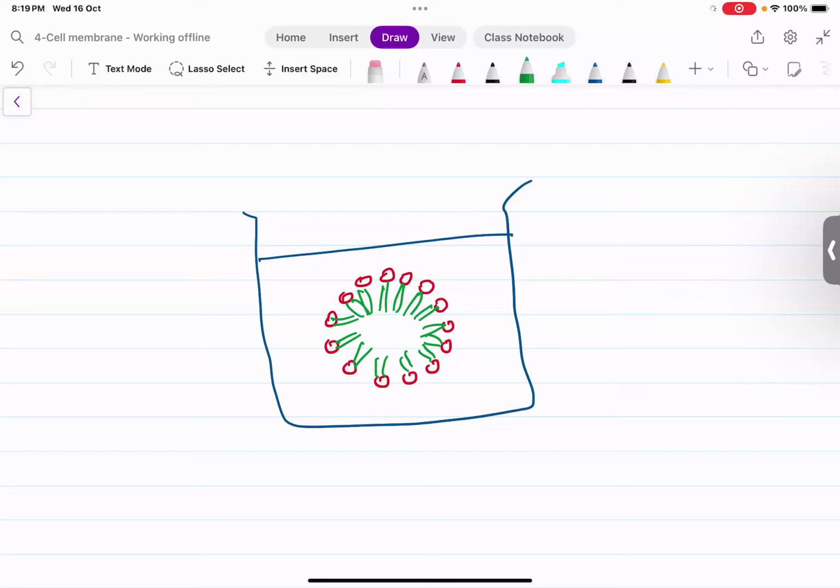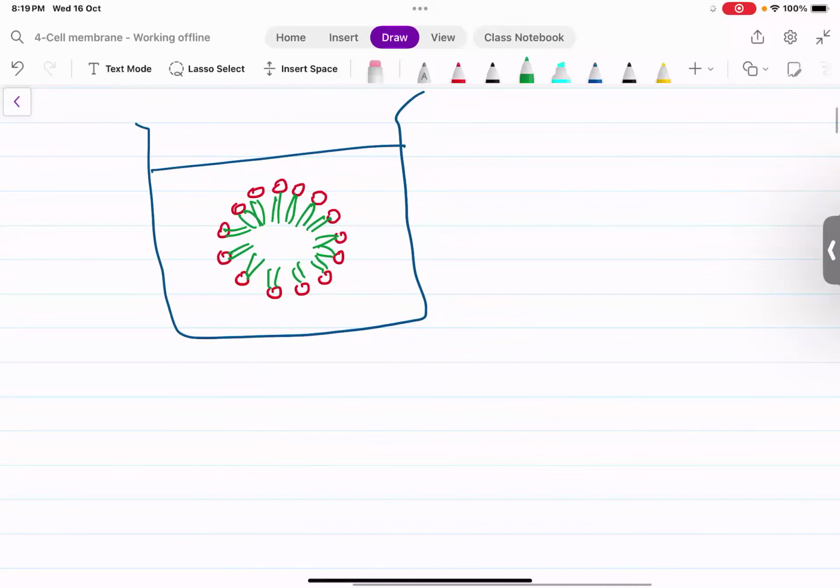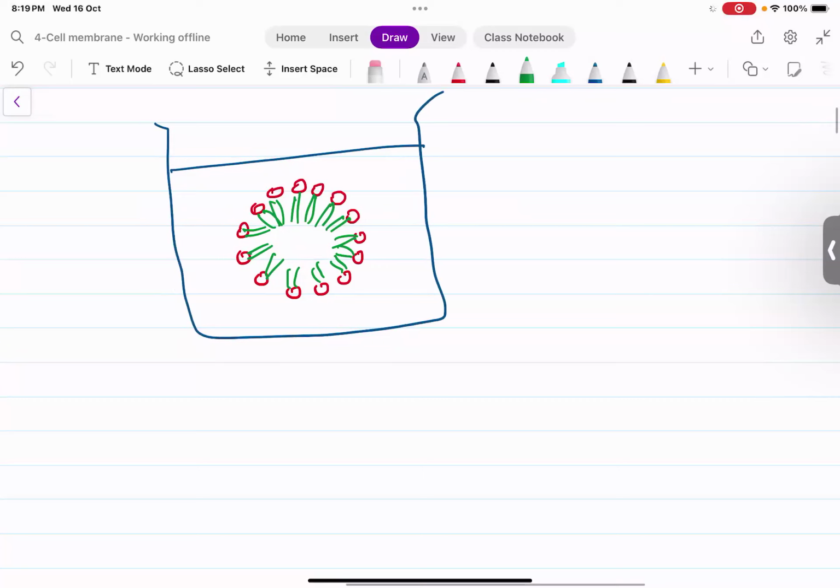This is the cross-sectional view. However, if you look at it in a globular way, this would appear as a spherical body with the polar heads outwards and the non-polar tails to the interior of this globule, and it is known as a micelle.